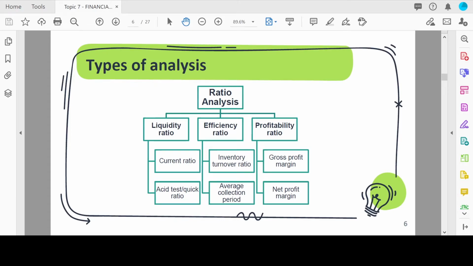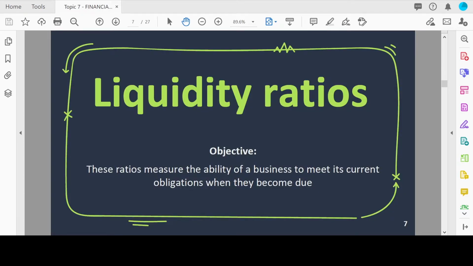So next we are going to look at each of these, starting from liquidity ratio. So what is the liquidity ratio? This ratio measures the ability of a business to meet its current obligation when they become due.